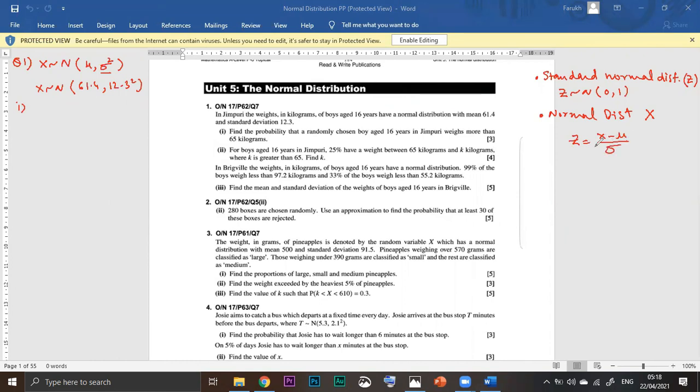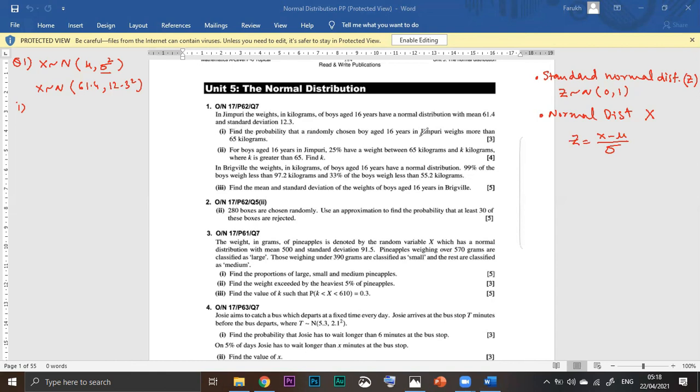This one is the formula connecting the standard normal distribution and any ordinary distribution. Now we can see that in this distribution the mean and variance are not 0 and 1. So this one is X, this one is not Z.